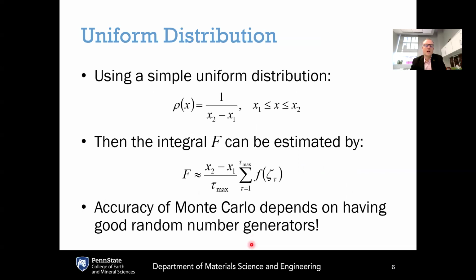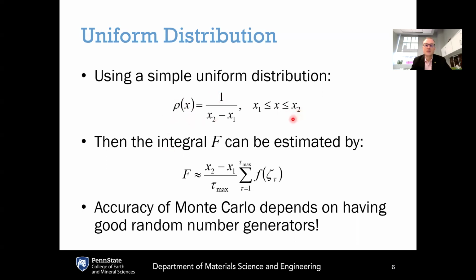As a simple example, let's consider a simple uniform function here, where if we're doing sampling on a uniform distribution, this means that you've got an equal probability of selecting a point, in this case, between x1 and x2. In this case, the uniform distribution is rho of x is equal to 1 over x2 minus x1, so it's an equal probability between x1 and x2.